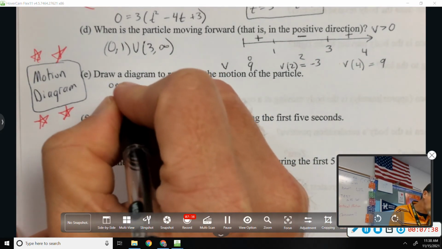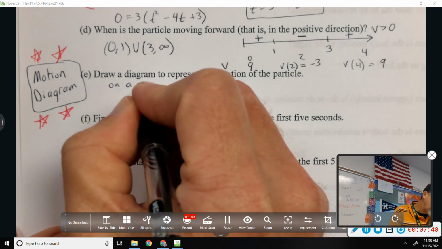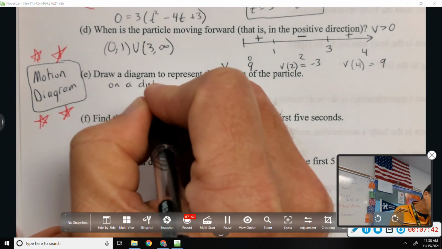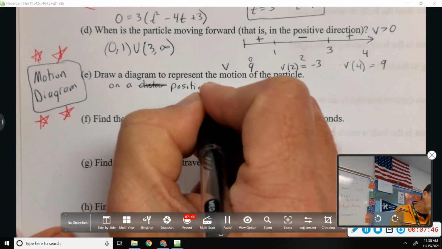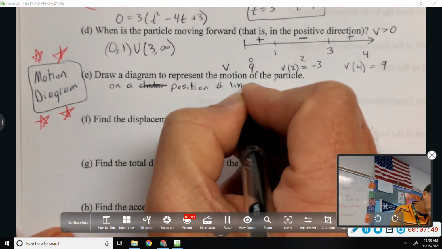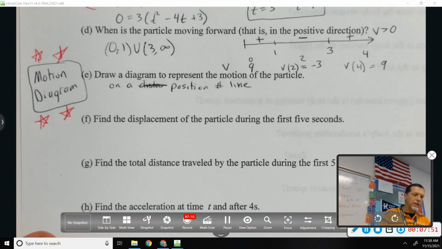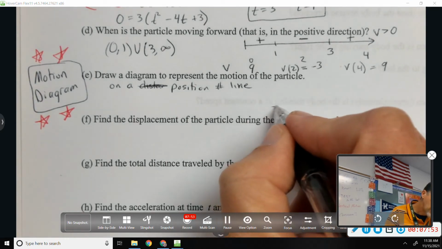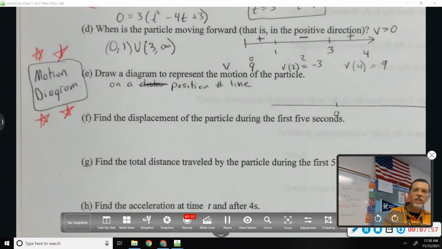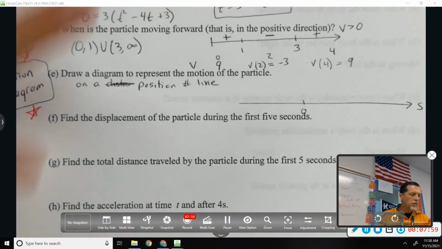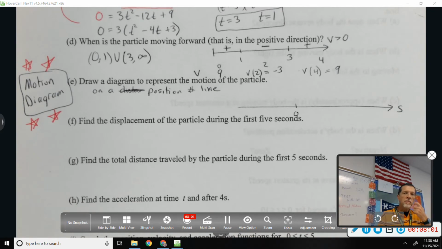So I'm going to put it on a distance. Let's call it a position number line. I'm going to lay out a number line of position, not of time, but of position, so I can get a picture of what's going on.